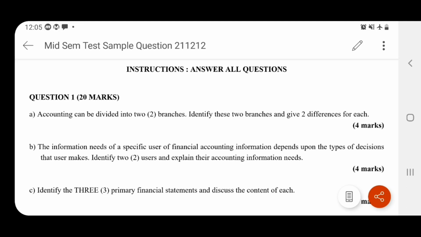For financial accounting, when you want to do financial accounting work and prepare financial statement, you have to follow accounting standard. In Malaysia, the accounting standard that we use is called MFRS, Malaysian Financial Reporting Standard.